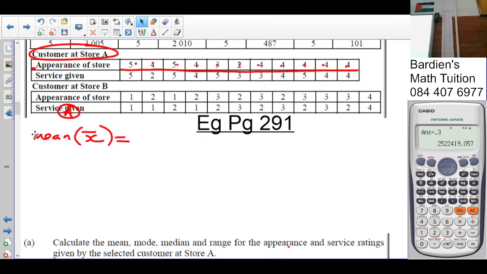Okay. Why don't we just add in the calculator, because we're allowed to use a calculator now. So it's 5 plus 4 plus 5 plus 4 plus 3 plus 2 plus 4 plus... Did I type it wrong? 2, 4, another, how many 4s are there? 1, 2, oh my word.